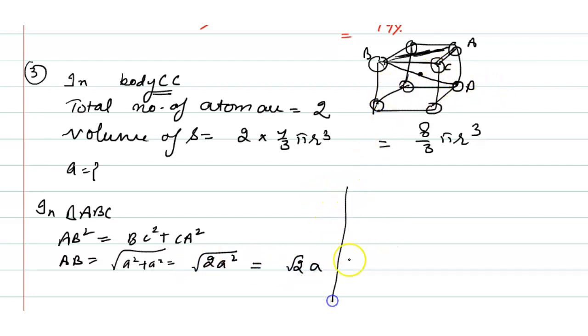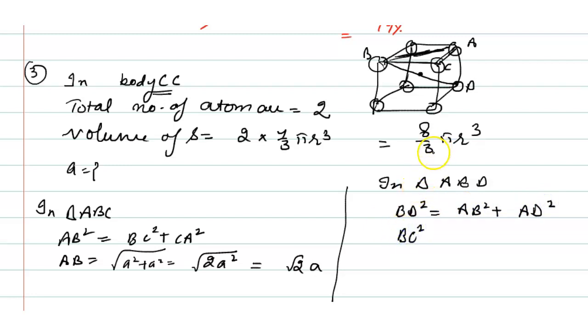Now let's take triangle ABD. You can see in the diagram ABD, in which hypotenuse is BD. So BD square is equal to AB square plus AD square. Now we will find BD square. You can see that here BD, if we draw BD, this is a full atom and this is another atom.